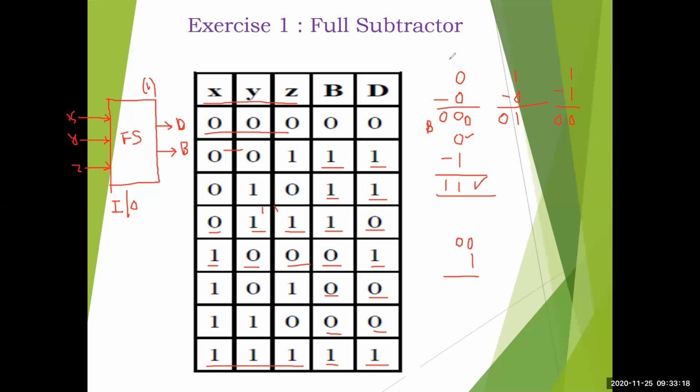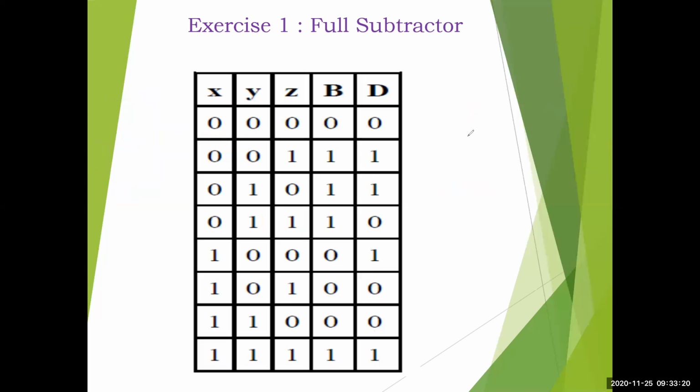Okay, so now having the truth table, I will try to show you how the expression will come. Normally it is using a K-map, right? So we'll have two K-maps, one for difference and one for borrow.